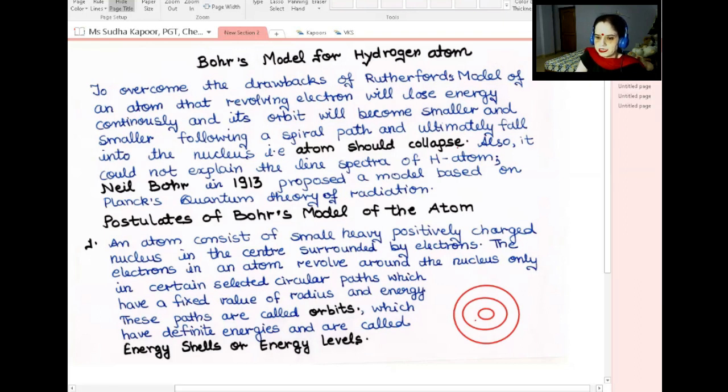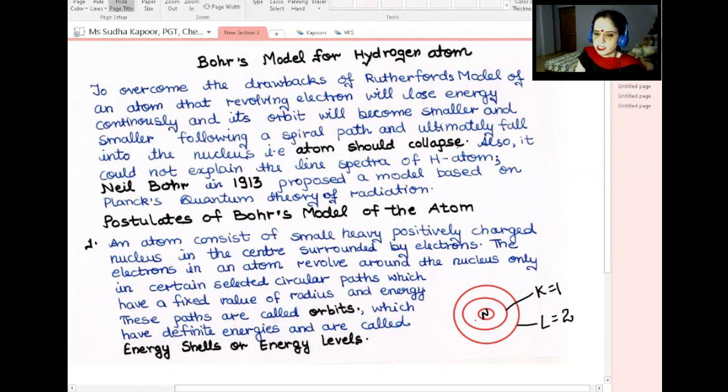If we represent the simple structure of the atom, the center part is the nucleus, and the first shell is represented as the K shell. We call it 1, and then the second shell is known as the L shell, and the number used for it is 2.